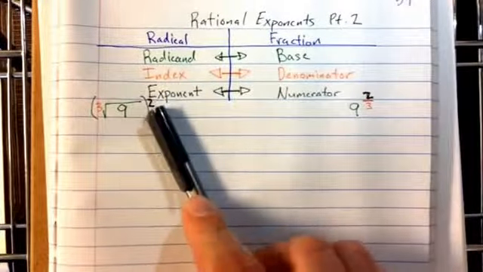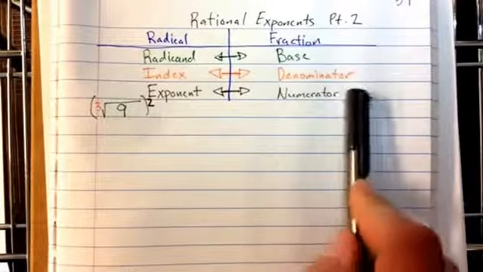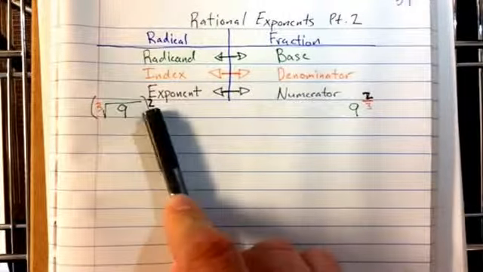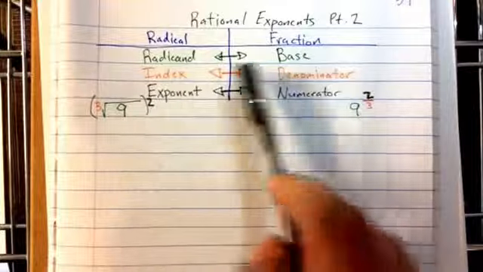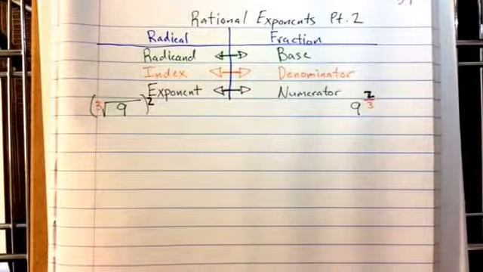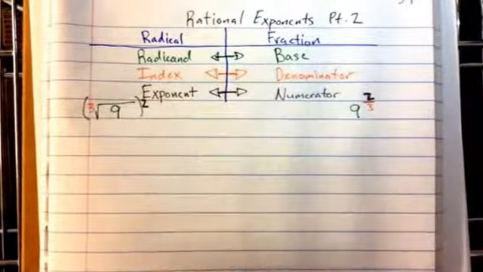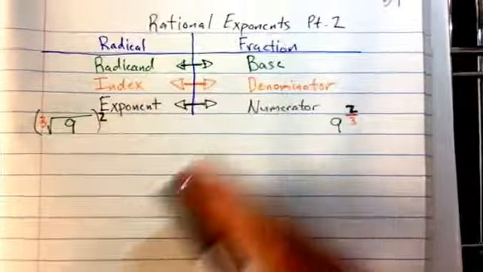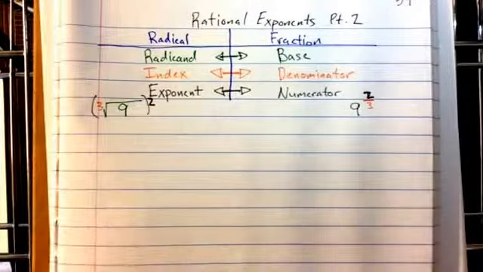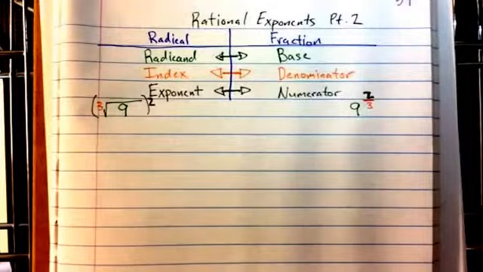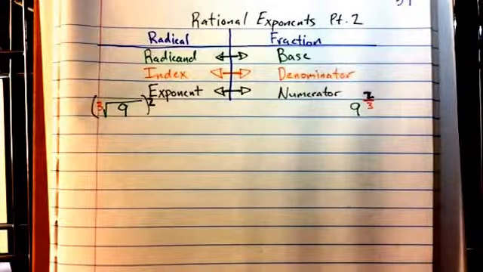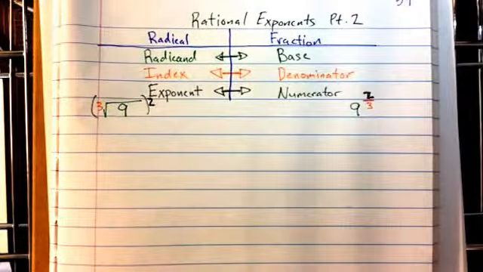So the exponent becomes the numerator, and the numerator becomes the exponent. So this is a chart that you can use to transform between radical problems and fractional problems easily, and you get the method. So let's take a look at a couple examples, and today we're going to work on solving them.